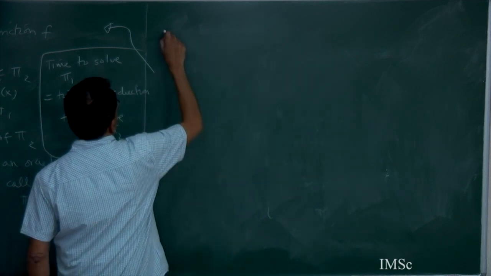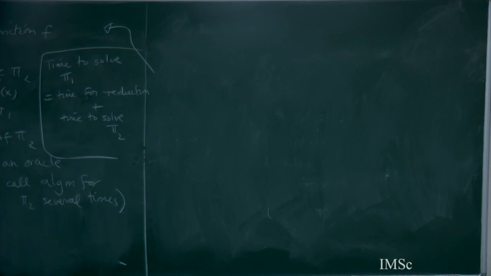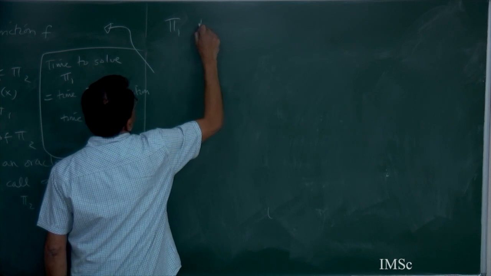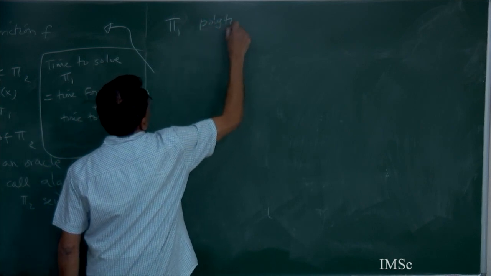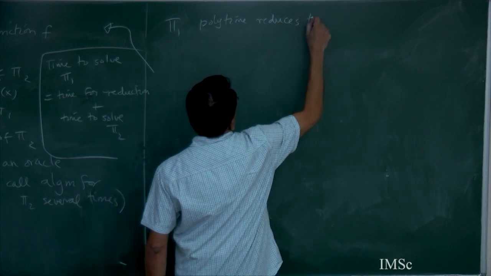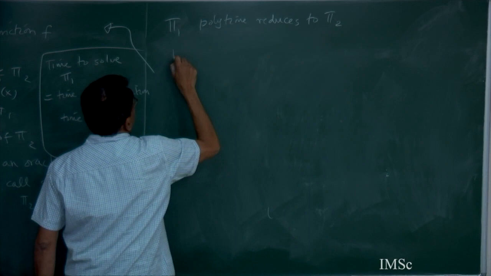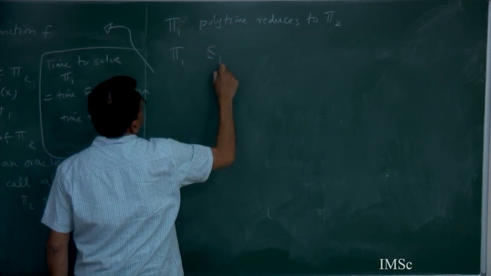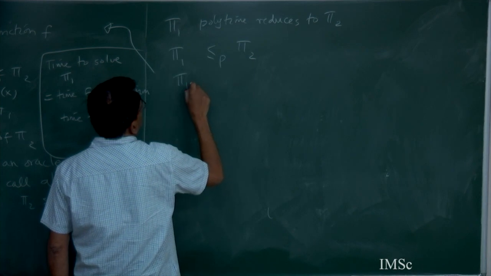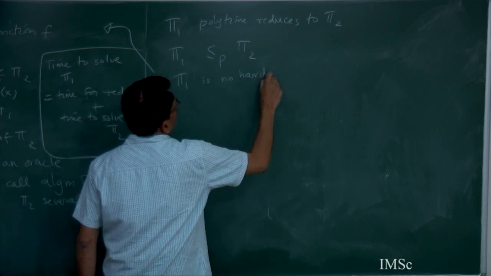One way to read this, pi 1 polynomial time reduces to pi 2, which is sometimes written like this, is that pi 1 is no harder than pi 2.